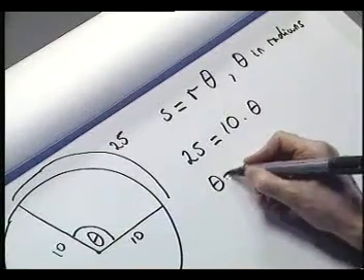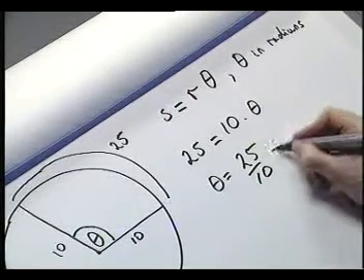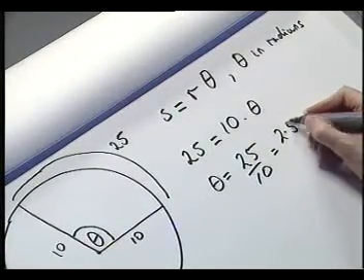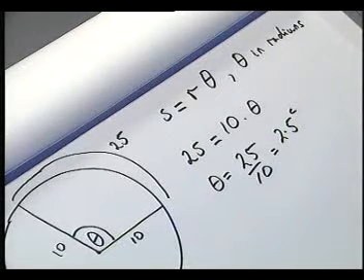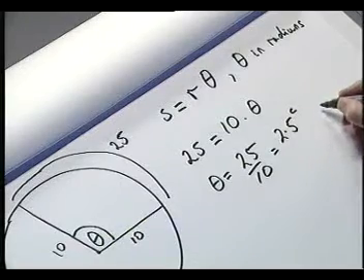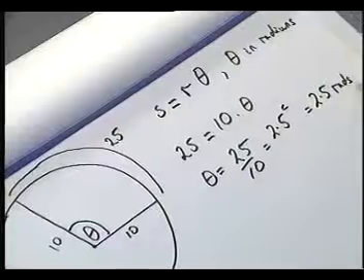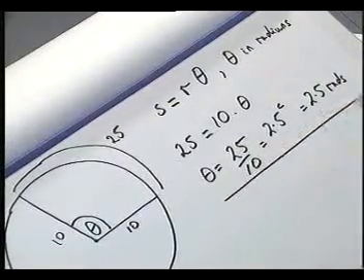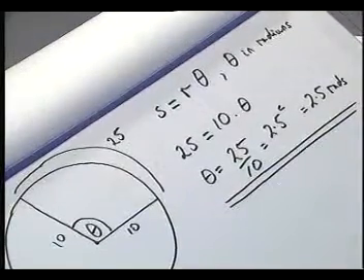And so theta is 25 over 10, which is 2.5. And I can put a little c up there to stand for radians, or I could write it as 2.5 rads. So that's our angle in terms of radians.